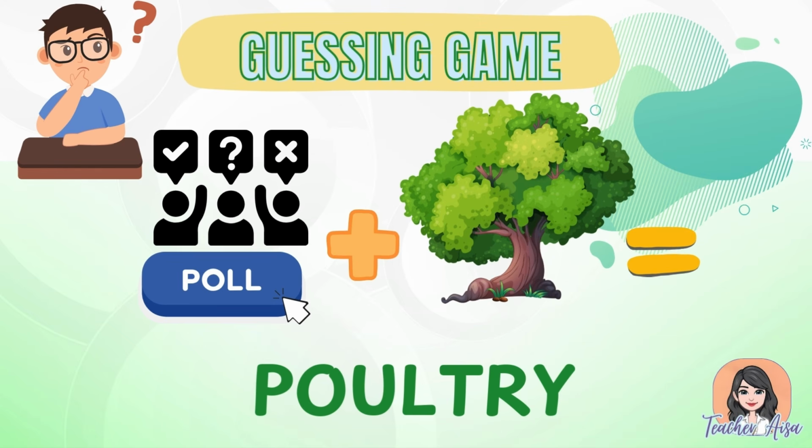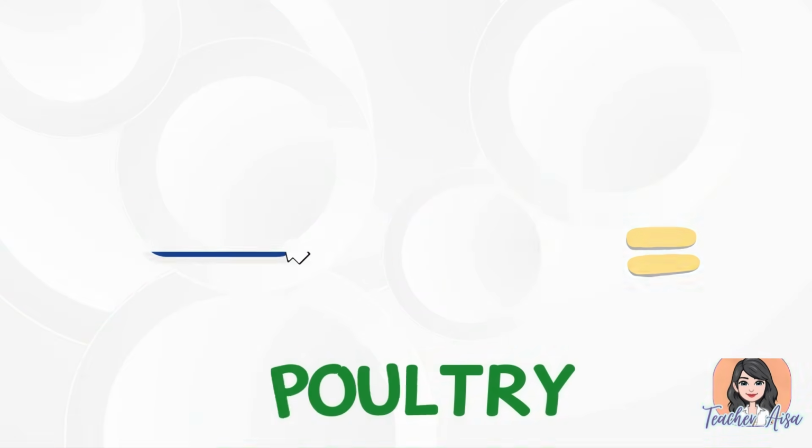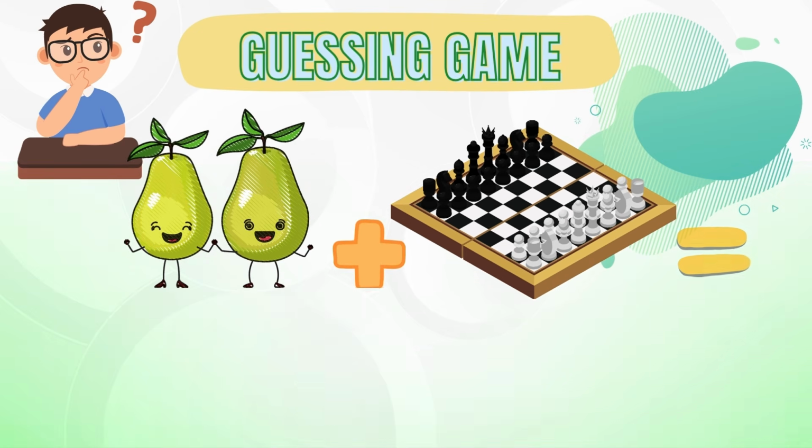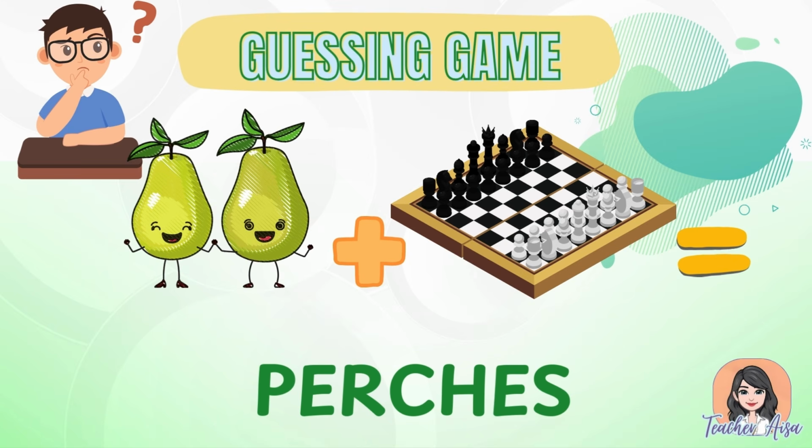Excellent! It's poultry. Let's try this one. What is the word? Good job! It's perches.